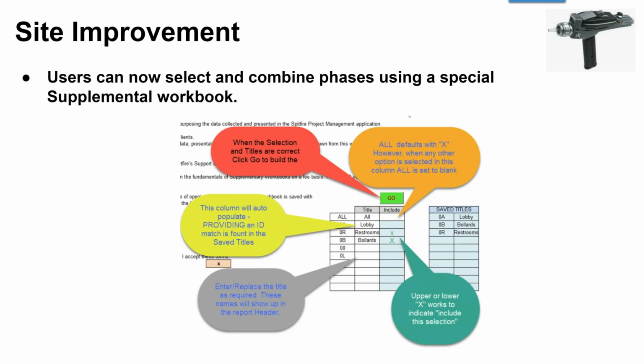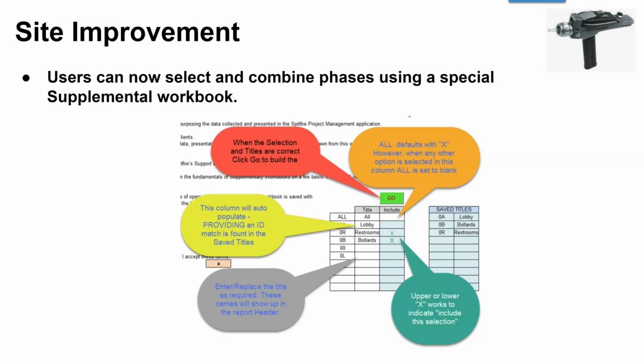It allows them to select which combinations or which phases need to be included in this output report. It also allows them to change the name should they require. And then we added a little go button at the top that just allows them to hit the button and make it happen.